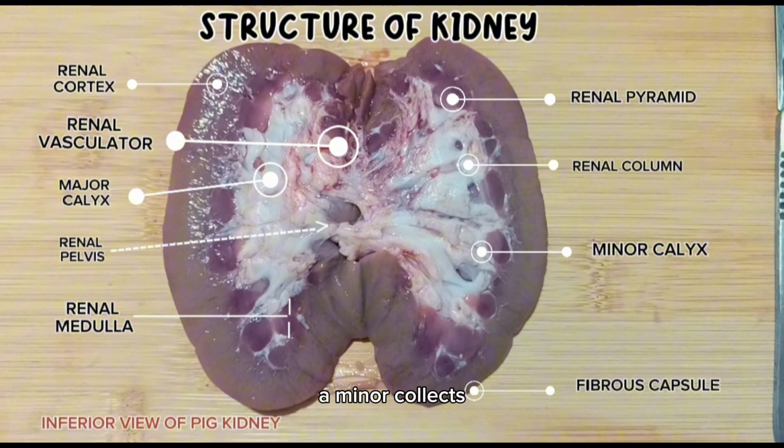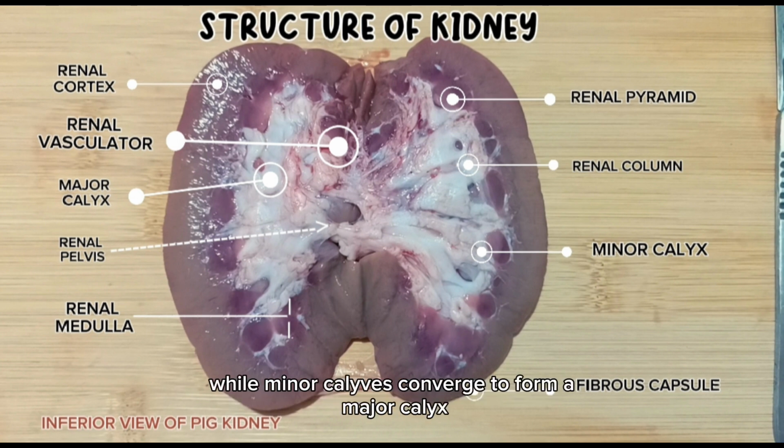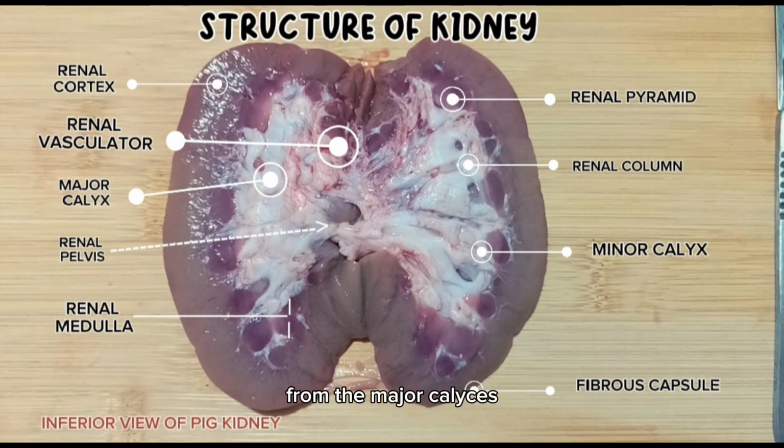A minor calyx surrounds the renal papilla of each pyramid and collects urine from that pyramid, while minor calyces converge to form a major calyx. From the major calyces, the urine flows into the renal pelvis, and from there into the ureter. The function of the fibrous capsule is to help support the kidney mass and protect the vital tissue from injury.